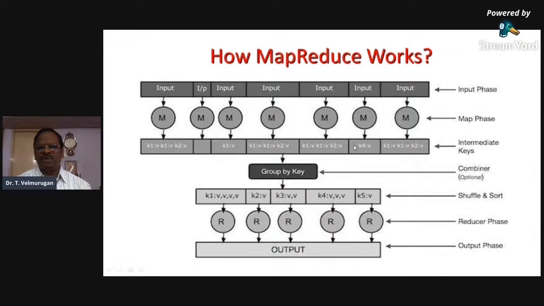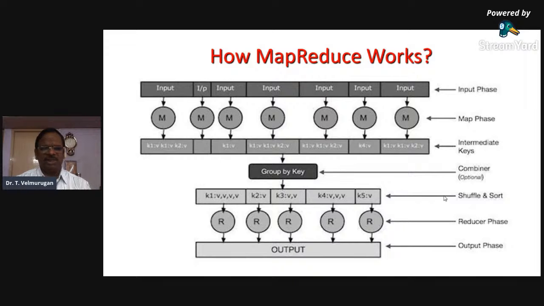The map phase processes the information received from the input phase. Then intermediate keys are generated. If necessary, the keys are combined, and then the keys are shuffled or sorted according to the instruction given by the MapReduce method.